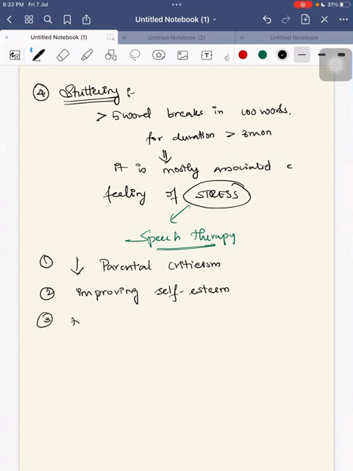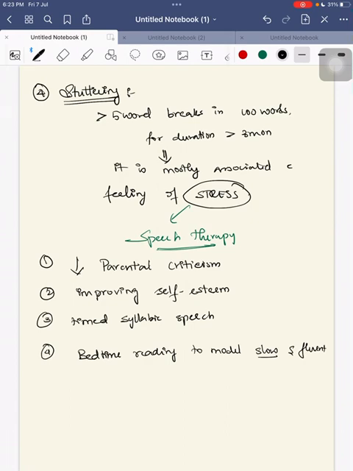Third, there should be timed syllabic speech. The speech that you are going to practice should be slow, loud and firm. Then you can do bedtime reading to the child, to model a slow and fluent speech.